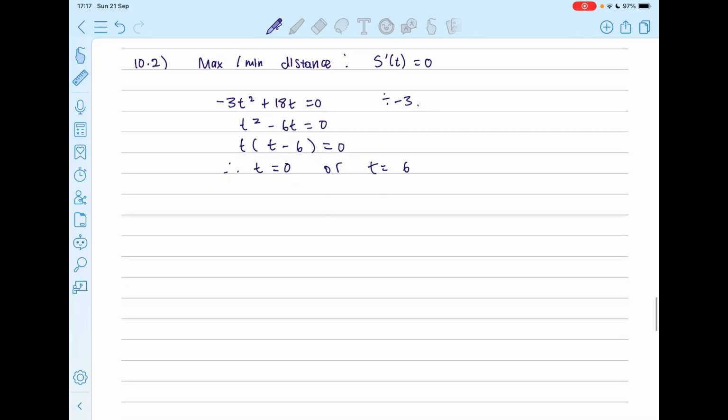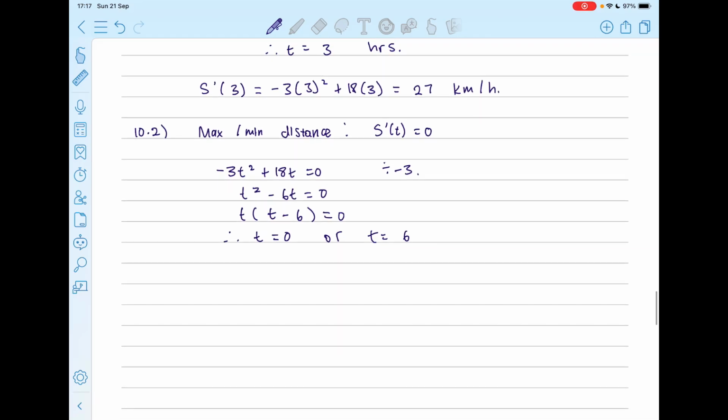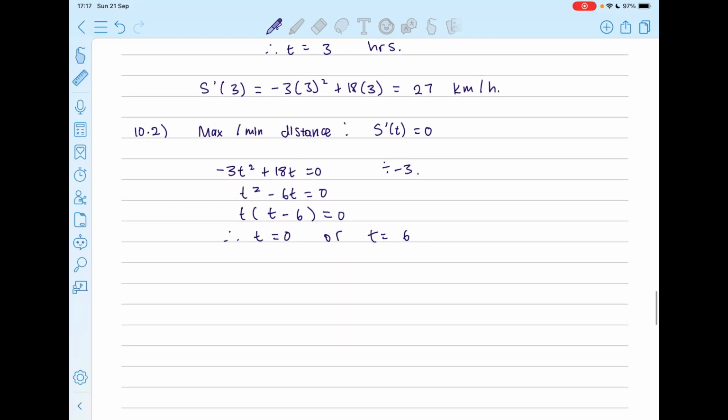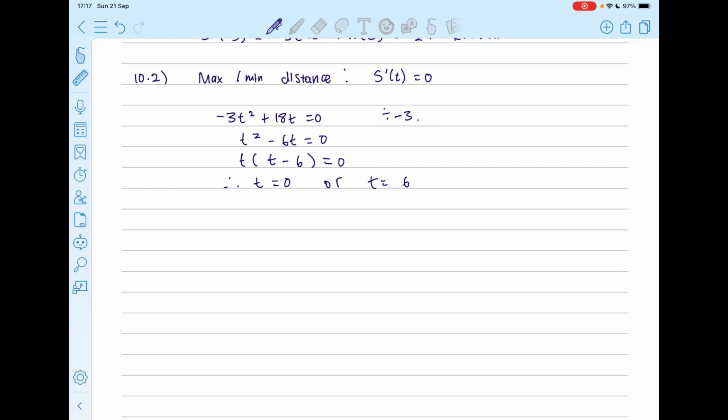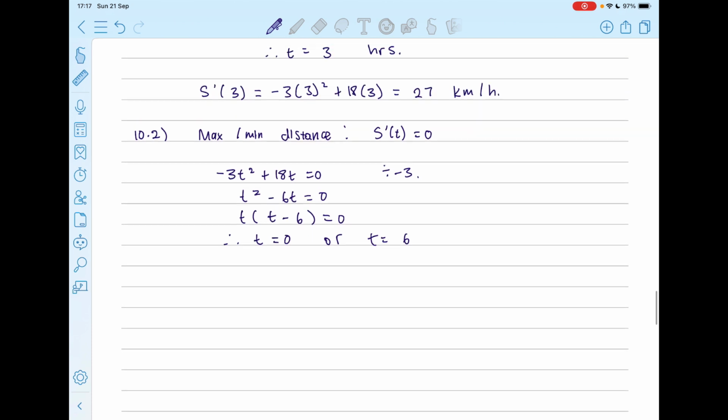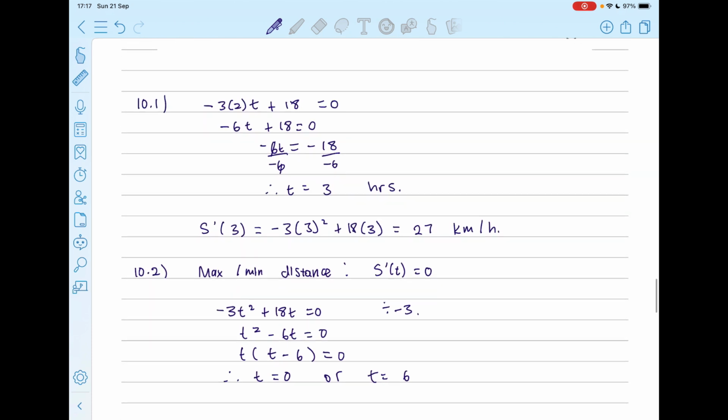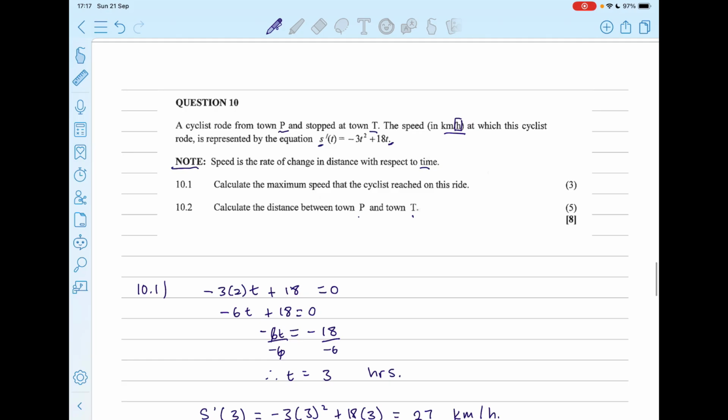So the distance equation is, you get speed after taking the first derivative of the distance equation. So if the first derivative gives you something like this, that means we can assume that the initial function is a cubic one, since its first derivative looks quadratic.